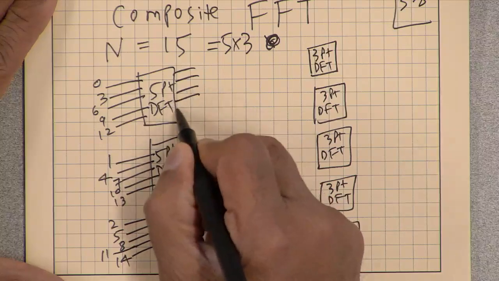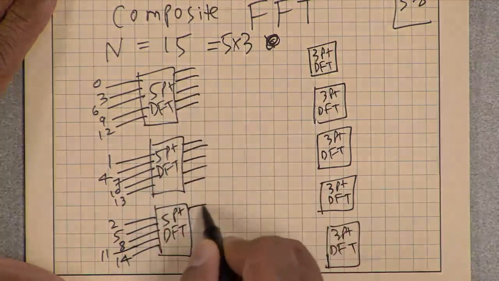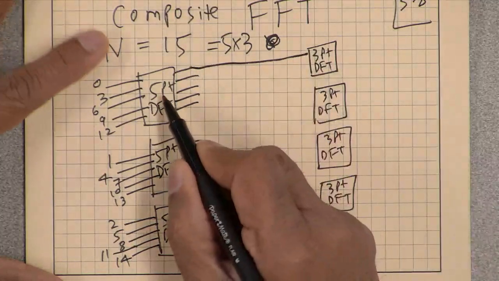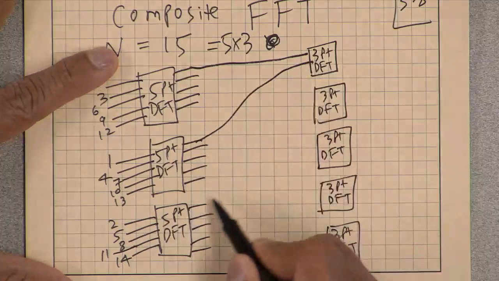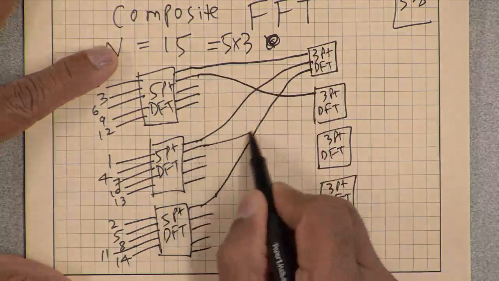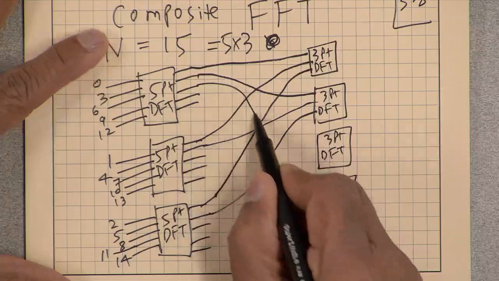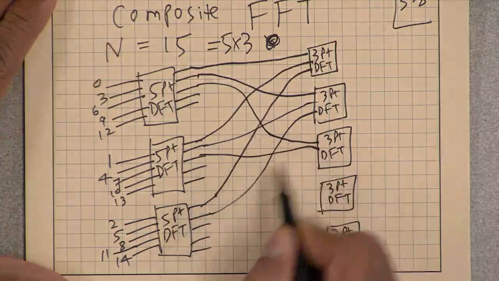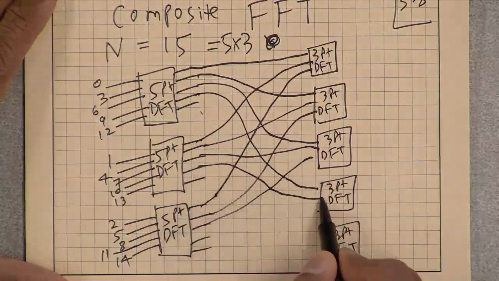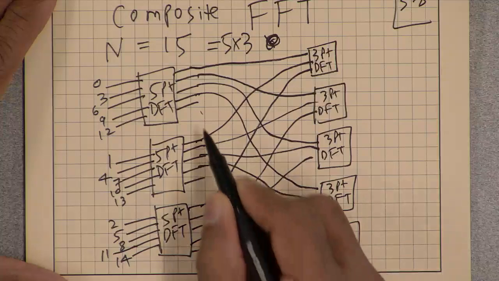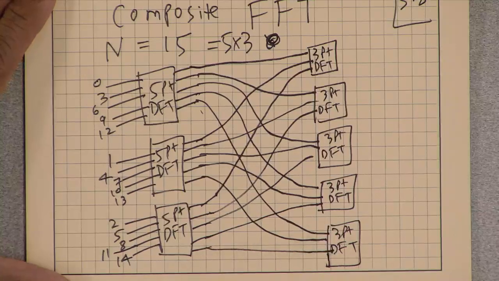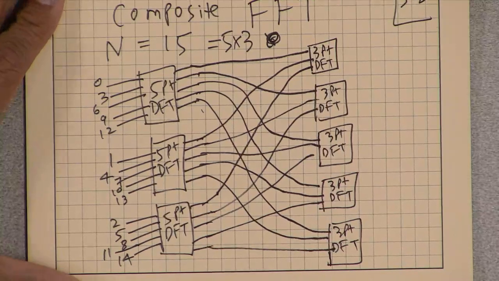For the 5 outputs coming out of these, the first of the first, the first of the second, the first of the third will go here; the second from everywhere will come here, the third from everywhere will come to the third, the fourth from all these 3 will come here, and the last from all these 3 will come here. So that's the 3-point DFTs.